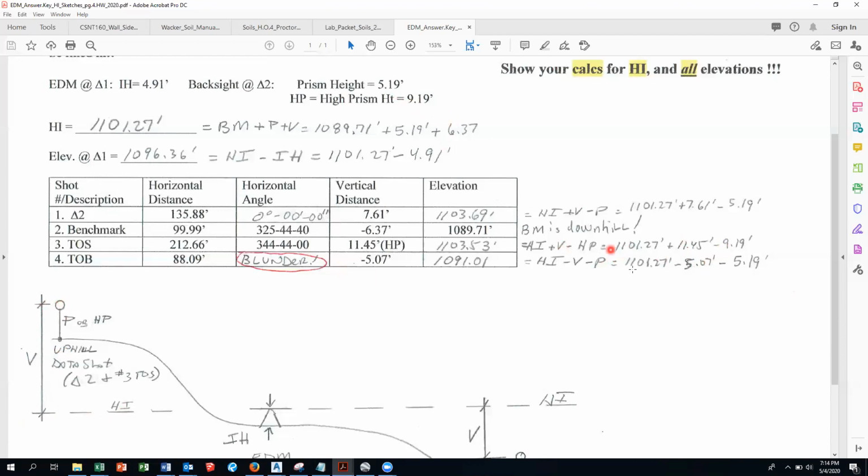Oh no, I didn't, sorry. Sorry about that, didn't mean to swear either, shouldn't have said that. So V is 11.45, right? HP is 9.19. So it's HI plus 11.45 minus the prism height, but it's high prism. So it's minus 9.19 for an elevation at that point of 1103.53.